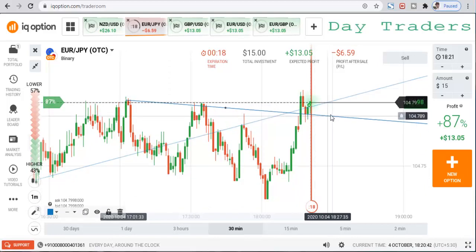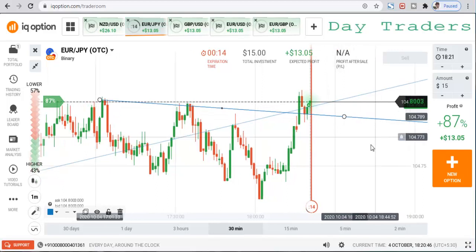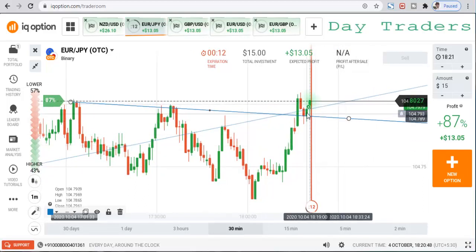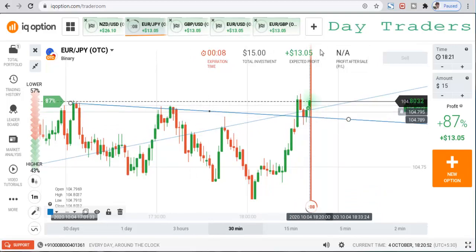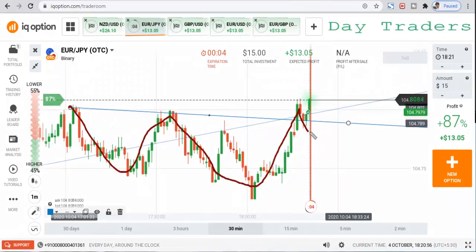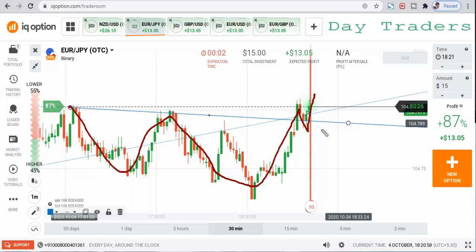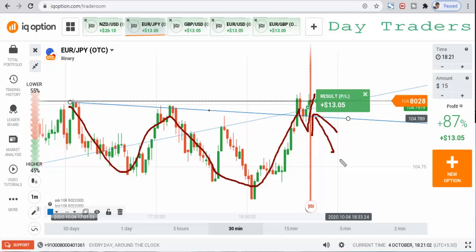Okay, 60% of the time it makes a bullish candle, 40% of the time it makes a bearish candle. But this is a support level, you can see. After this resistance, it makes a support. Okay, this is also a winning trade.